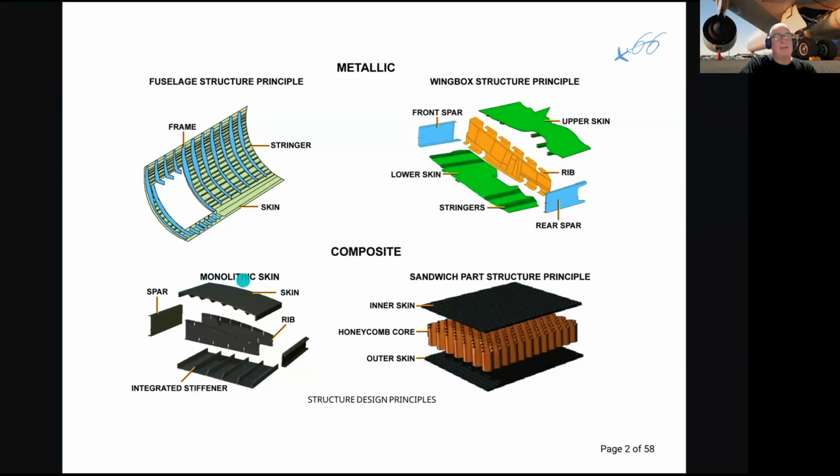They're called a monolithic skin design or a sandwich construction design, which is a honeycomb core with outer top and bottom skins bonded to the honeycomb core section, which has the advantage that it's very light, very durable and very strong. So these are the four typical principles that are used in the A320 today.